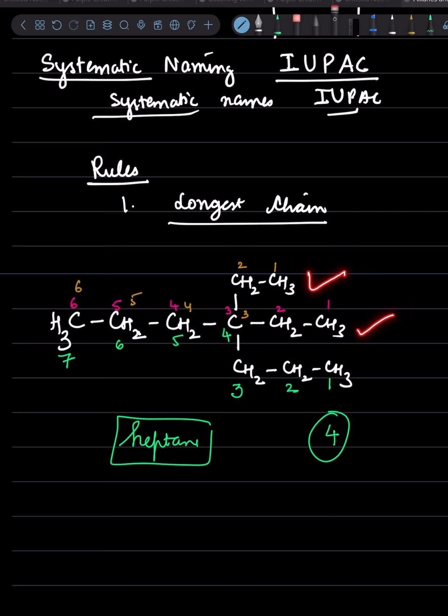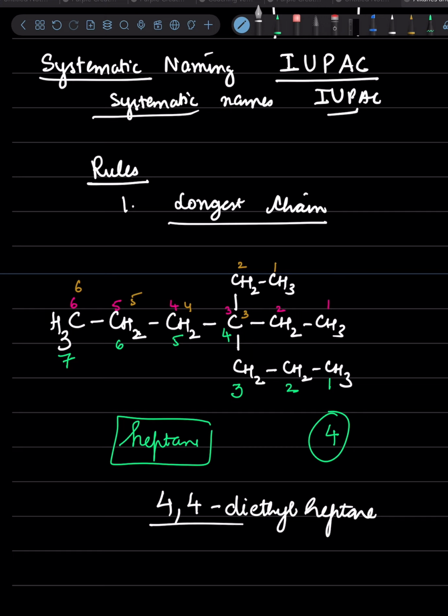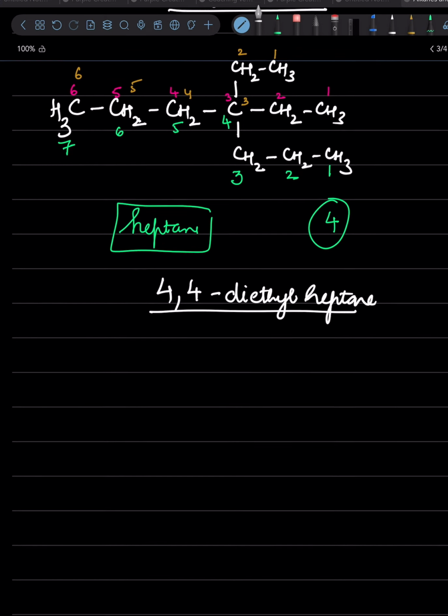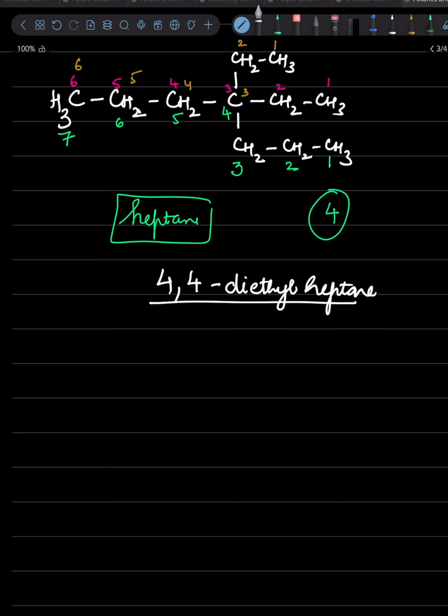So 4,4-diethyl, because there are 2 ethyl groups, heptane. 4,4-diethylheptane. This is how you name them. Looking for the longest chain is step 1.